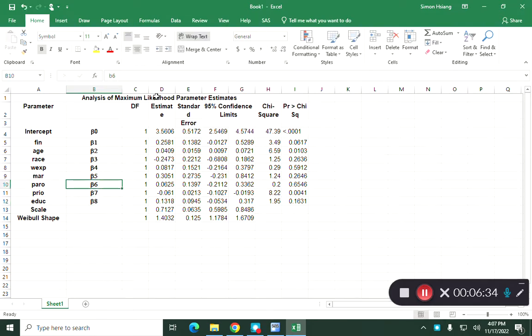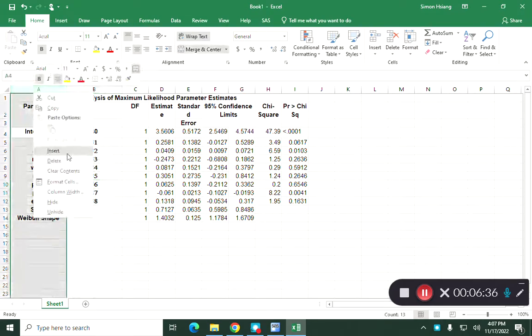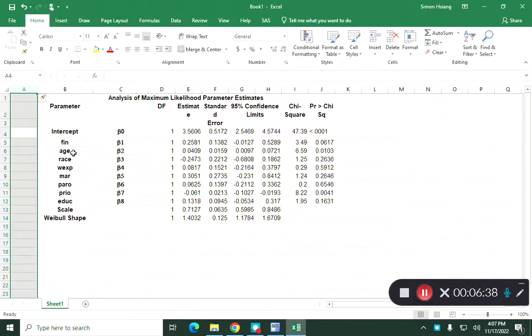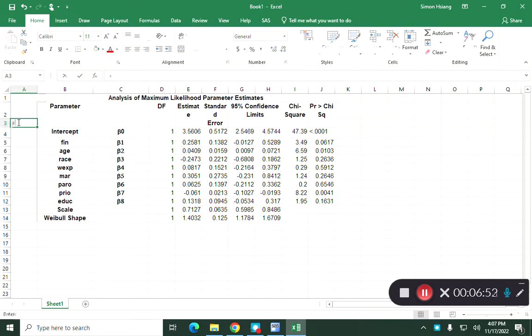Next thing I need is, my beta in regression, I need to multiply by x. Beta 0 plus beta 1 times x1, x2, x3. So I need x1, x2, x3. Where is my x? Here's my xi. So now x1, finance, yes or no?